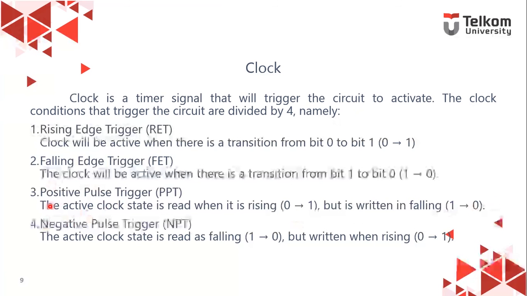And the negative is the complement of the positive. So the active clock state is read on falling, 1 to 0, but written when rising, 0 to 1. So we know the types of clock and the definition of clock.